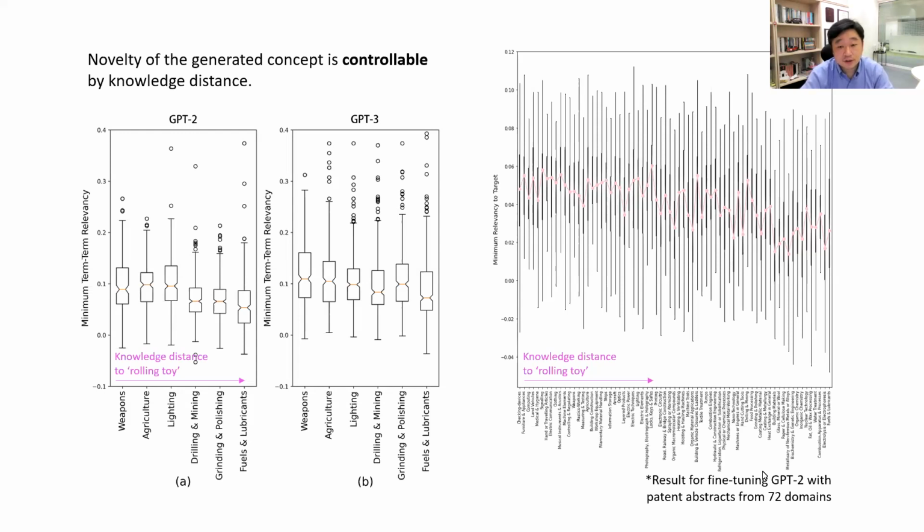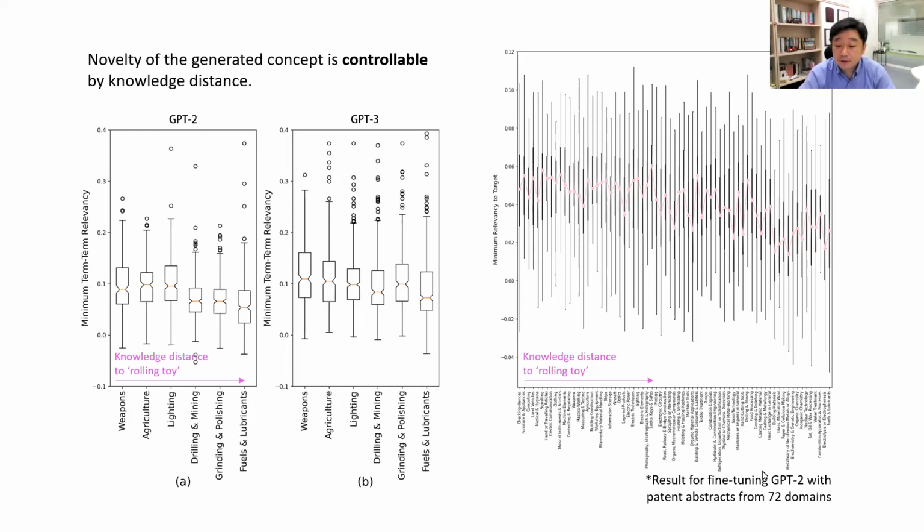The knowledge distance here is evaluated based upon our technology space network map from a prior study, in which we quantify the knowledge distance between hundreds of engineering design domains. And we just drew the quantified knowledge distance scores from that study to measure the distance between rolling toy and the 6 specialized domains from which the fine-tuning datasets are drawn to fine-tune and train the GPT models into domain-specific AI experts.